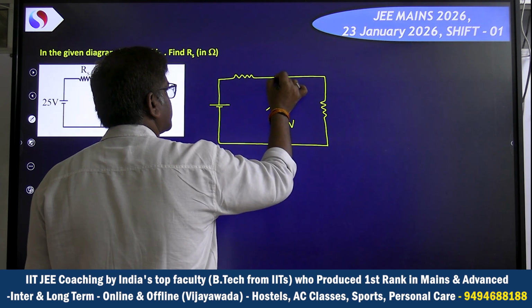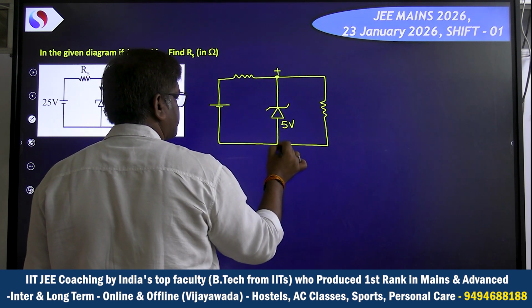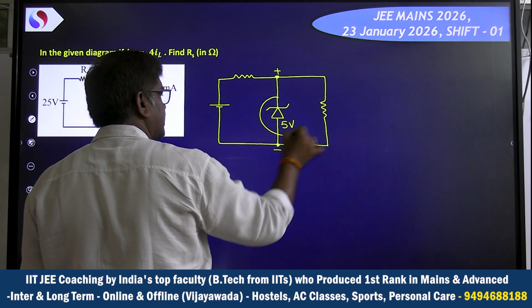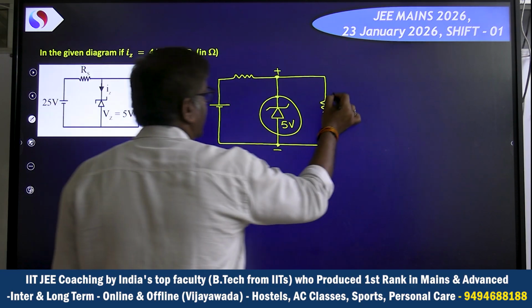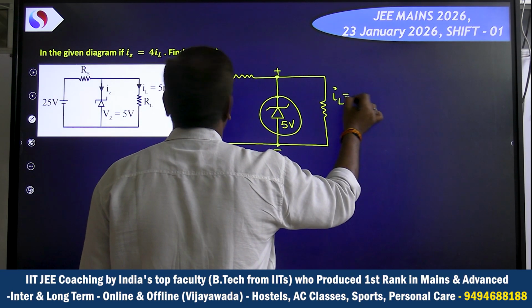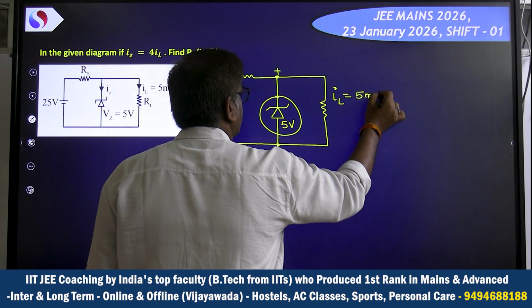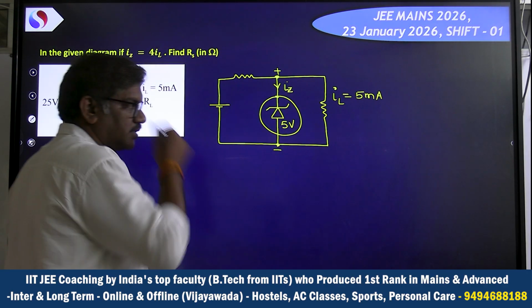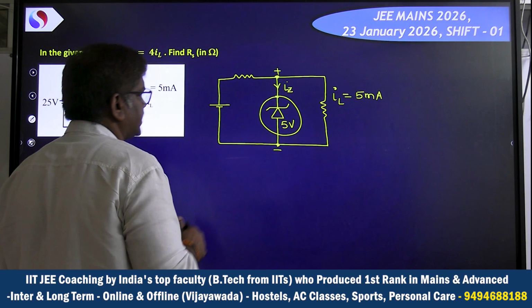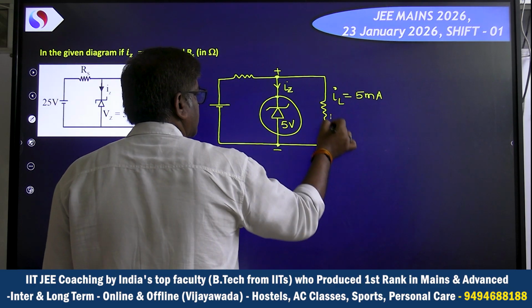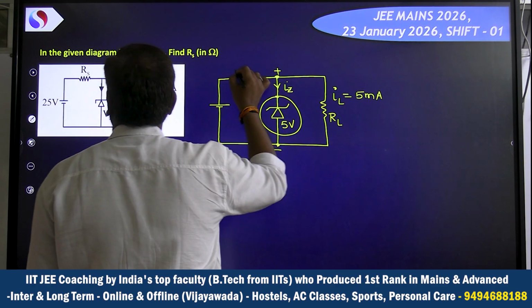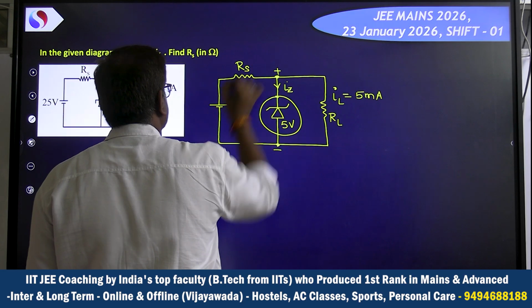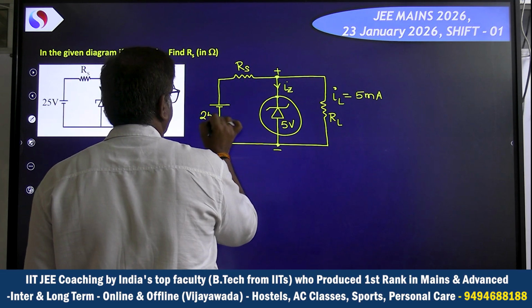That means this potential is plus, this potential is minus, and it maintains this potential at 5 volt. Now IL will be 5 milliampere, and this is your IZ, the current passing through the Zener diode. The external load is RL, this is RS, and this is 25 volt.